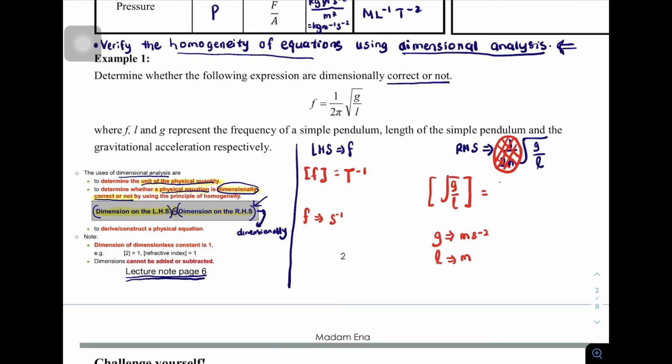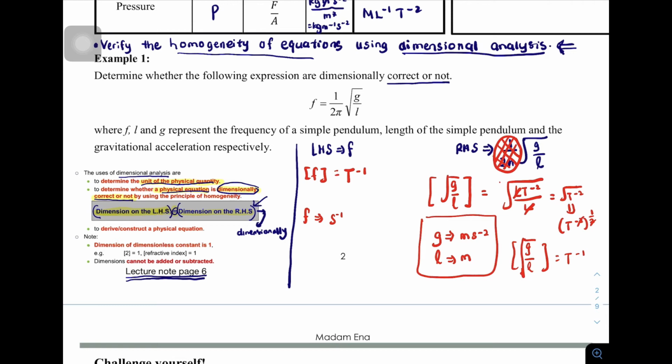Therefore the dimension is L T negative 2 over L. Cancel this out, so we have square root T negative 2. We know that square root is power of half. So we will get the dimension of square root g over L as T negative 1.